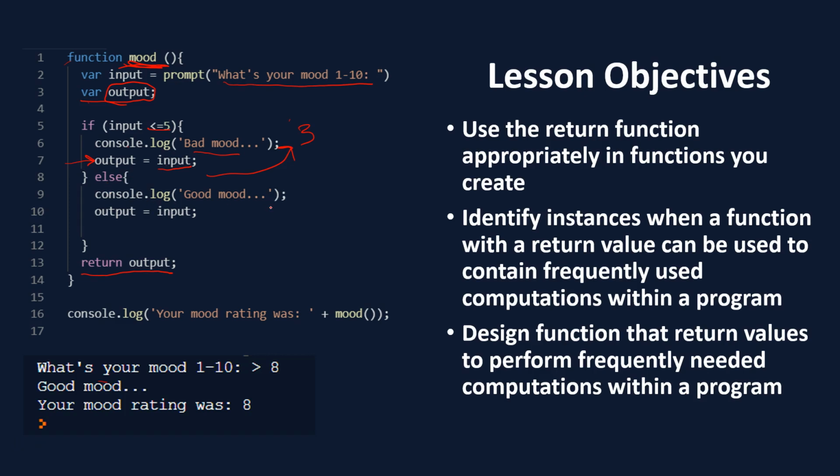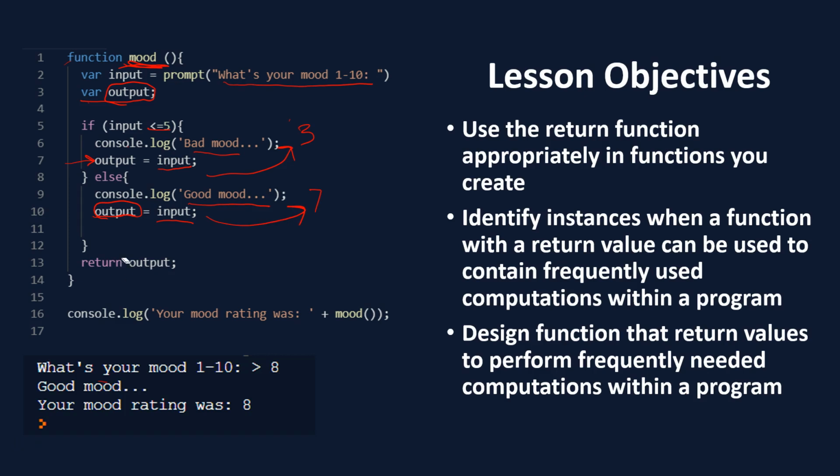Else, if the user inputted, say, 7, which is greater than 5, that means they're in a good mood. And then output would be whatever the user said, the input. In this case, if the user said that their mood was 7, then the input, which is 7, becomes the value of the variable output. So then output would equal 7.